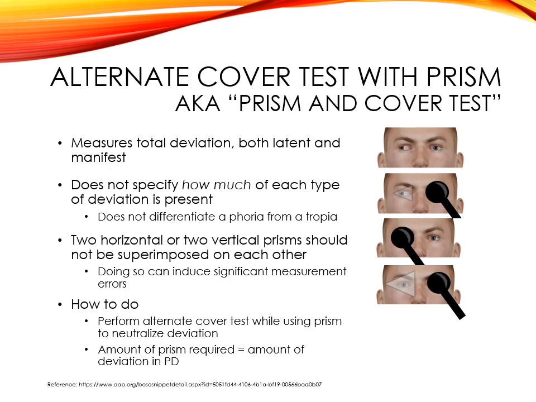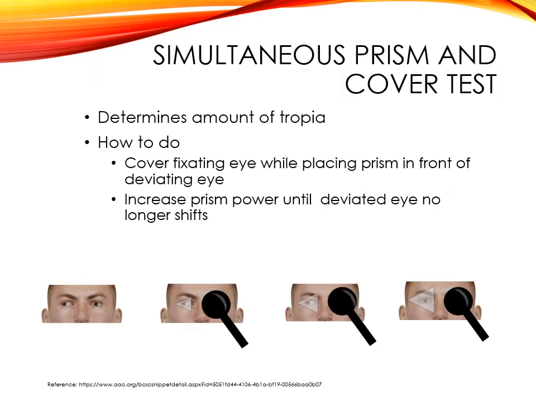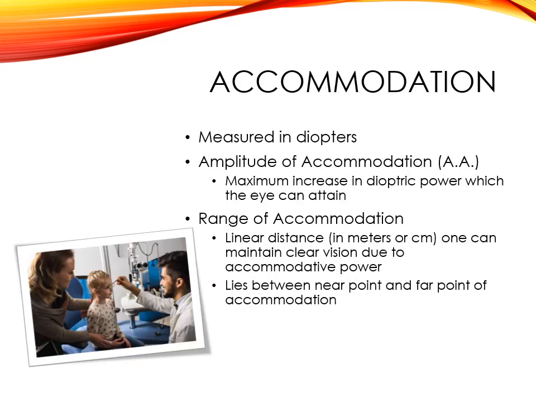However, it is acceptable to superimpose a horizontal prism on a vertical prism before the same eye if necessary. The simultaneous prism and cover test is performed by covering the fixating eye at the same time the prism is placed in front of the deviating eye. The test is repeated using increasing prism powers until the deviated eye no longer shifts.